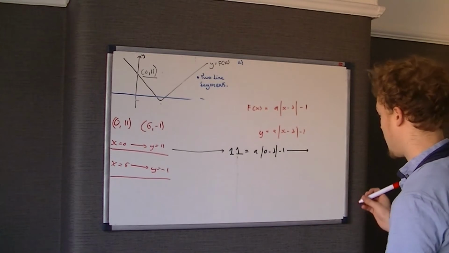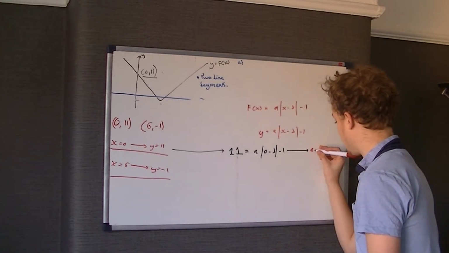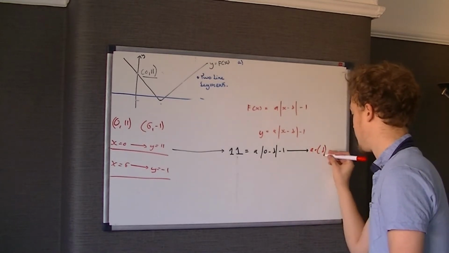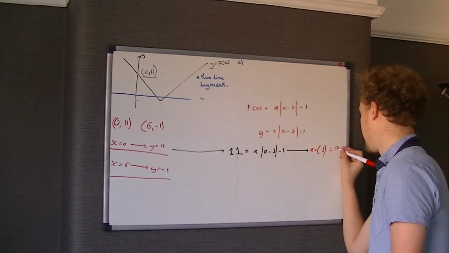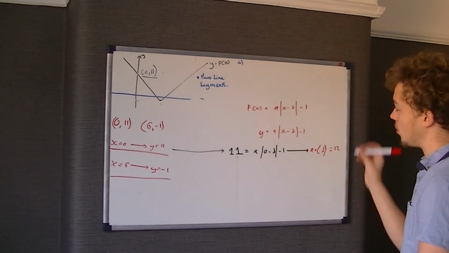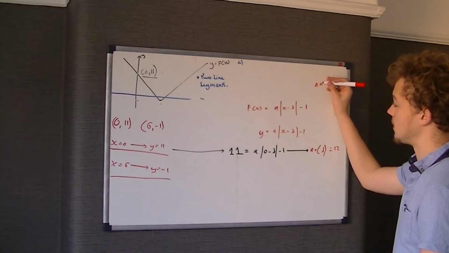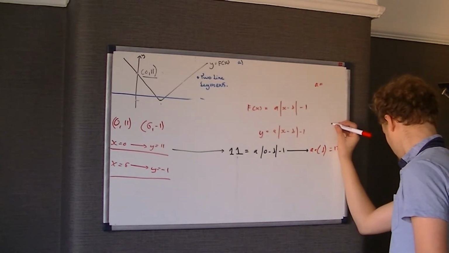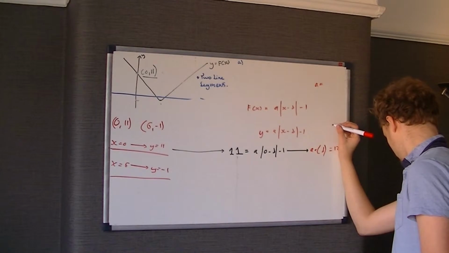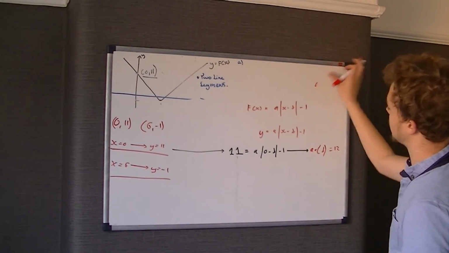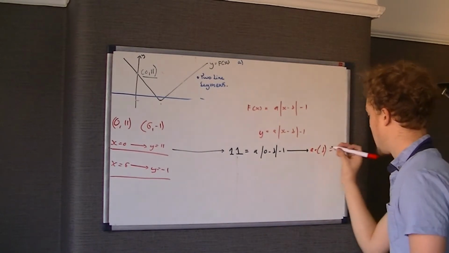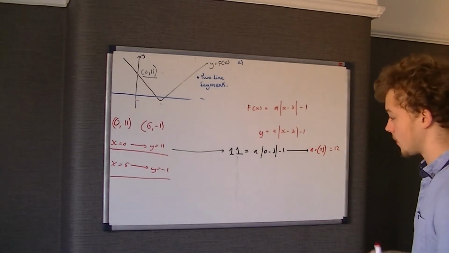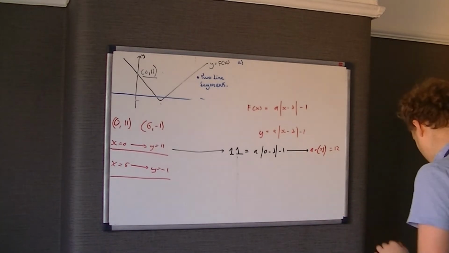So therefore, a times plus or minus b equals 12. Sorry, I just read the question wrong. So that's one equation that we've got.